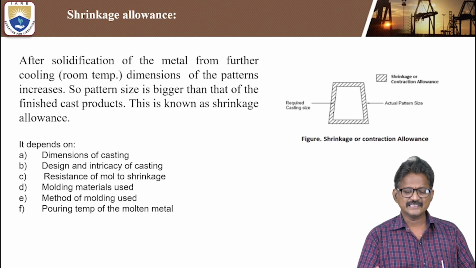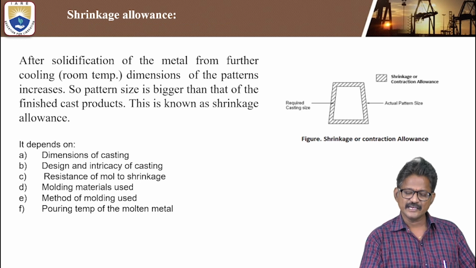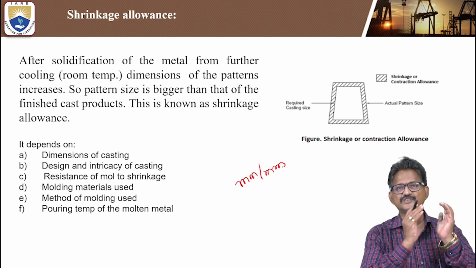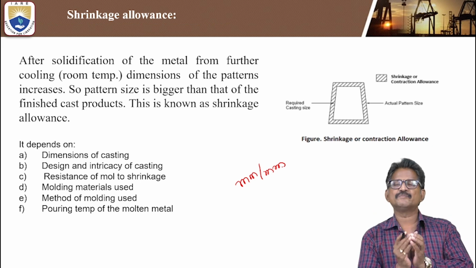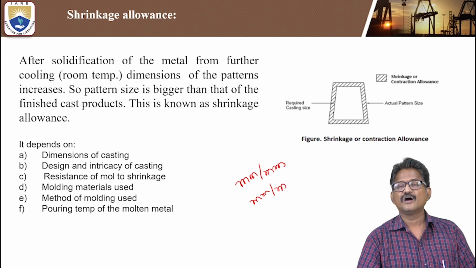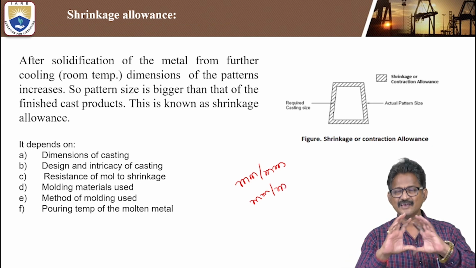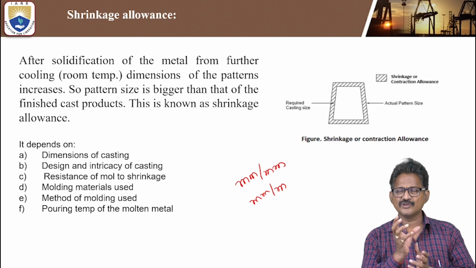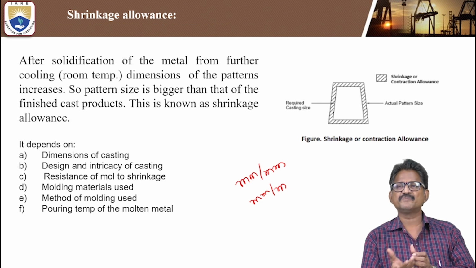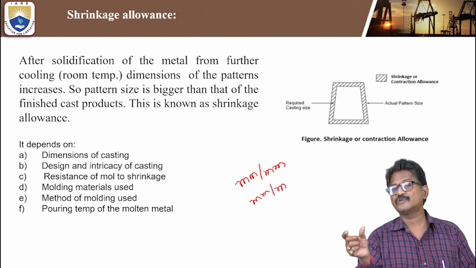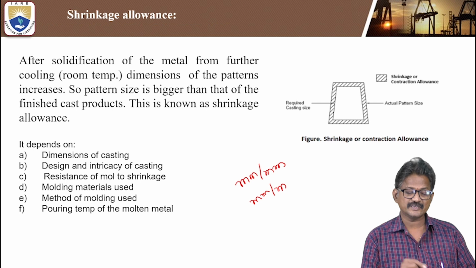For example, the unit of shrinkage allowance is generally mm per mm, or sometimes it is called mm per meter. Depending upon the volume of the pattern, how you prepare the pattern, and what type of outcome the casting has, that also plays an important role.